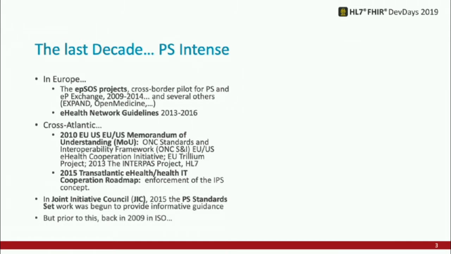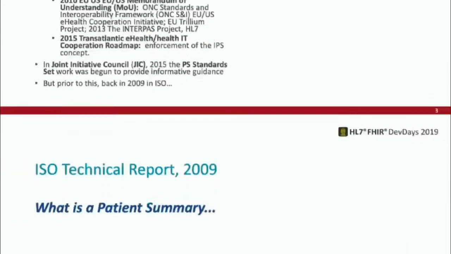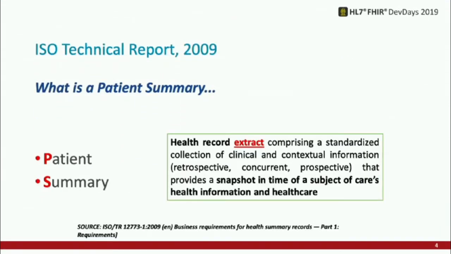But prior to that, even in ISO, we've got a technical report that was published in 2009 about what a patient summary is, and the notion there is it's a health record extract comprising a standard collection of clinical and contextual information, basically to provide a snapshot of a subject of care's health information and their health care.